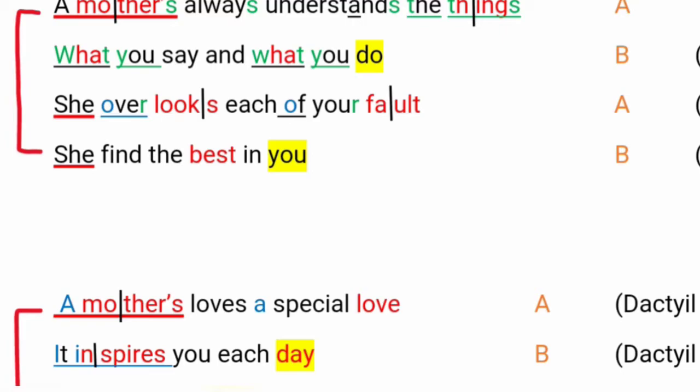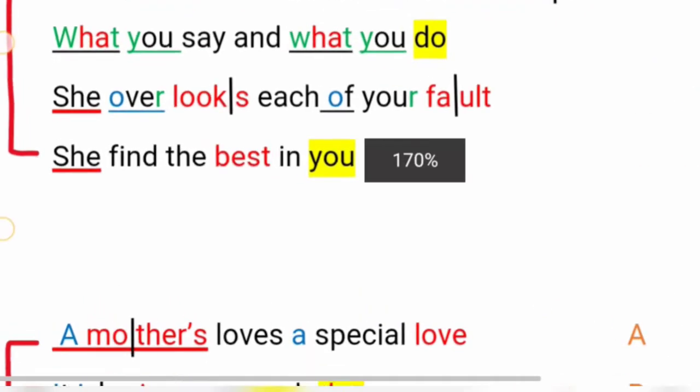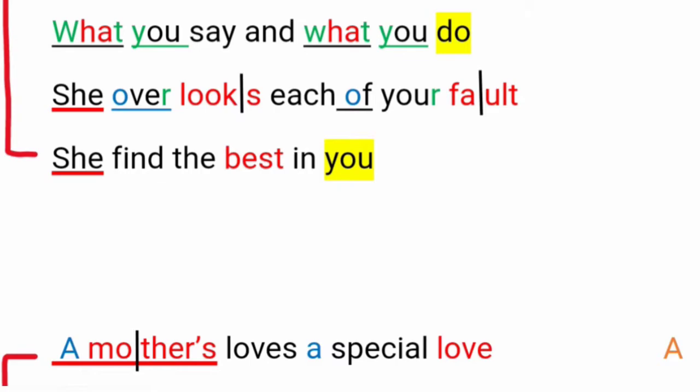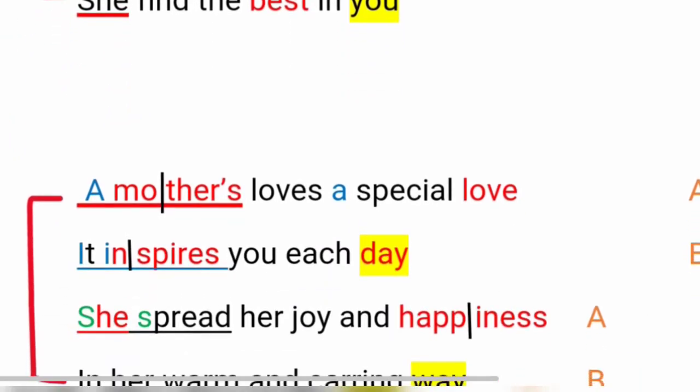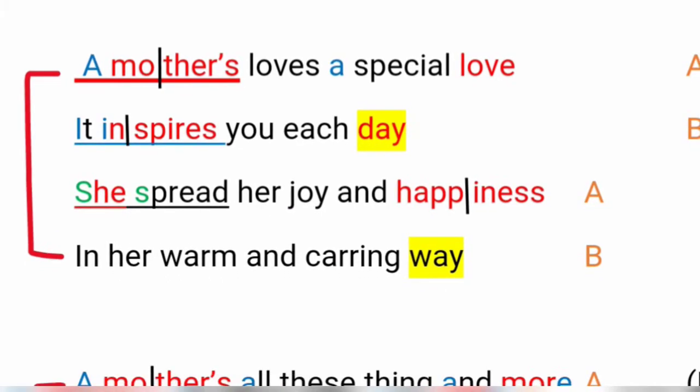They have alliteration in the word what, and in the third line in the first stanza, you can see the red line in the words over and of.